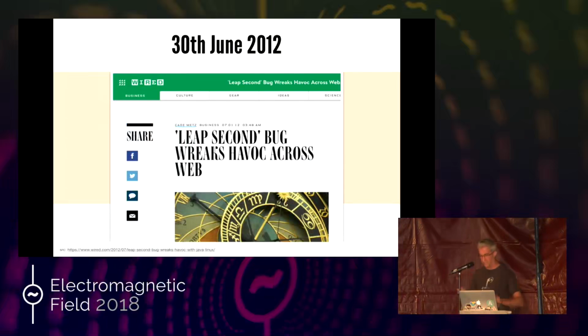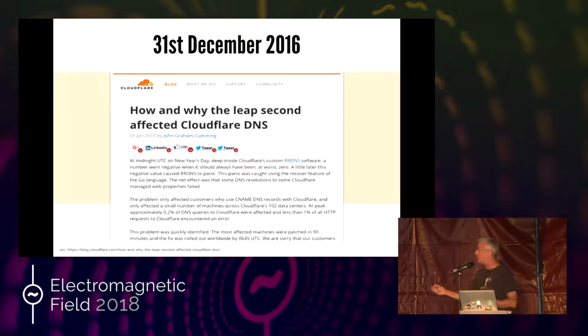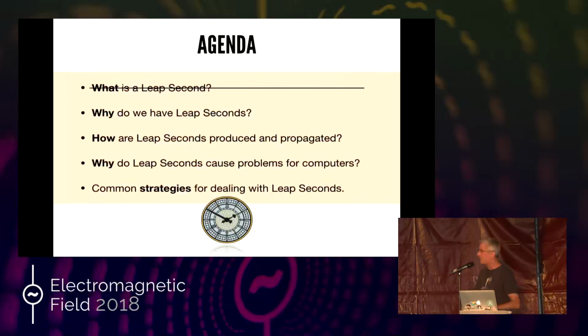It hit a lot of news sites, but that was Java, and Red Hat had some issues just processing the leap second. In 2015, it was Twitter and Android. You can find examples of this all the way through. The most recent one was Cloudflare's DNS, where problems with the Go language meant it couldn't process it properly. So we have problems with them.